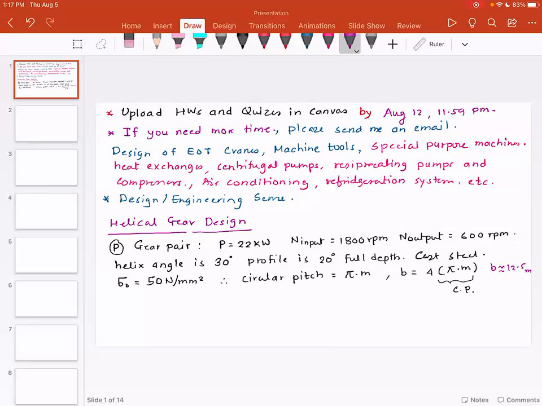Now, additional information that is given is the overhang for each gear is 150 millimeter. What that means is, as soon as they talk about overhang, they give us some hints about how the gears are mounted. You have the small gear or pinion and the big gear, and they are cantilevered.